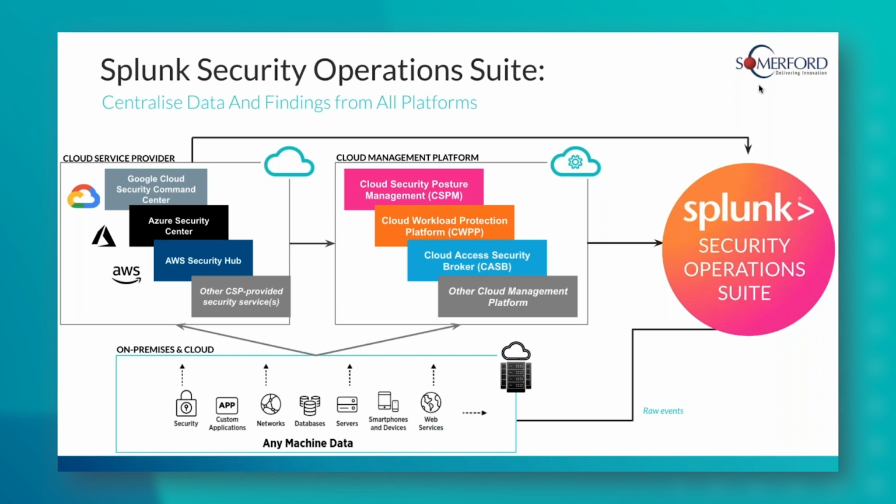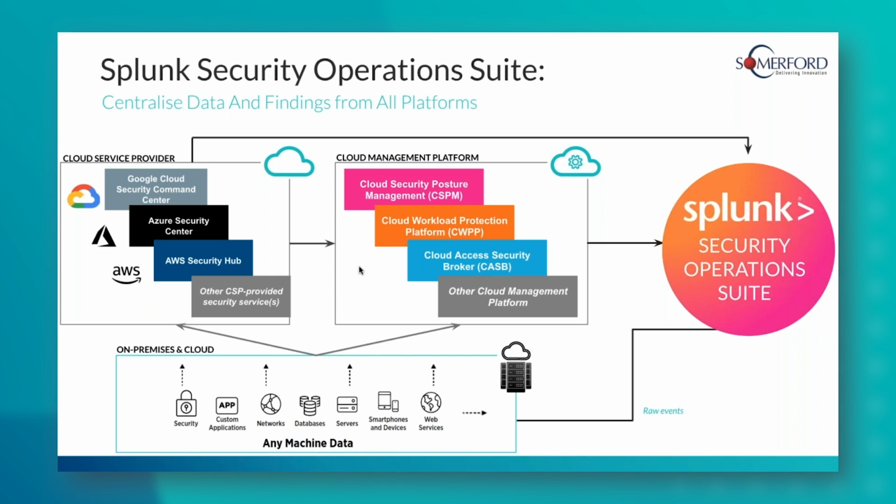The aspiration here is we're going to pull information in from cloud service providers, and we can actually pull information in from various different cloud management platforms, whether that's a CASB or workload protection platform, or even posture management, which many of the CASB capabilities, as they migrate and mature into almost a SaaS capability down the road, will be collectively bundling in, as well as anything that's on premise.